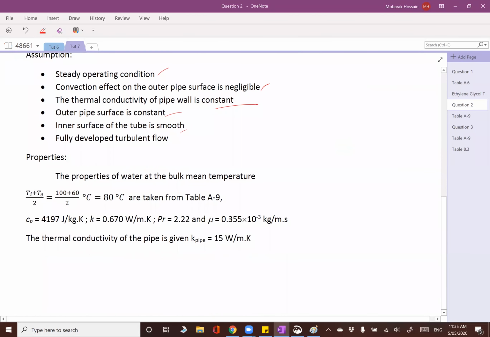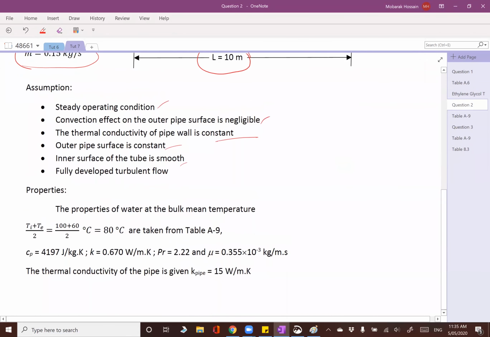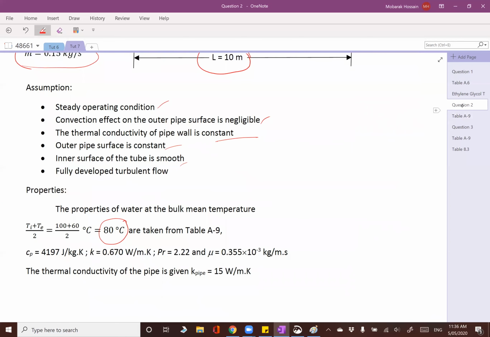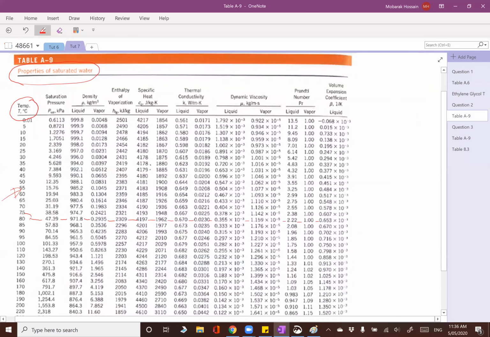Okay, now for properties. The inlet temperature is 100 and the outlet temperature is 60, so the average temperature is 80 degrees Celsius. For properties of water, we can use any table. Table A9 directly gives the values at 80 degrees Celsius, so we can just collect the properties from here.